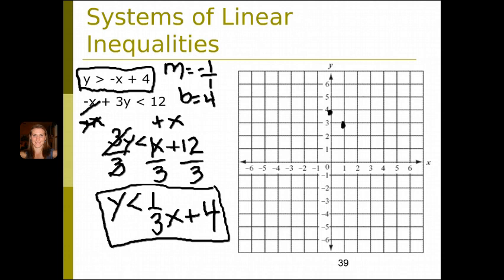And I'm going to put a couple points here, and I'm going to draw my boundary line. My boundary line is dashed because my inequality symbol is greater than. Now, I will shade what's greater than this boundary line. It's going to be everything above the boundary line, all of this area.